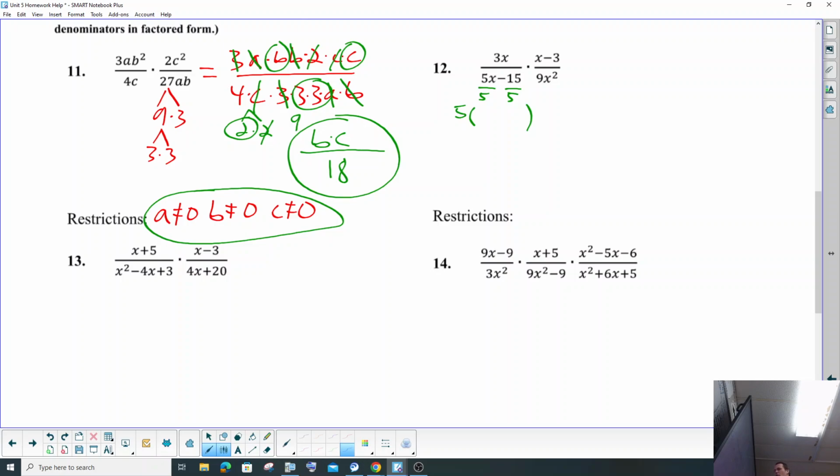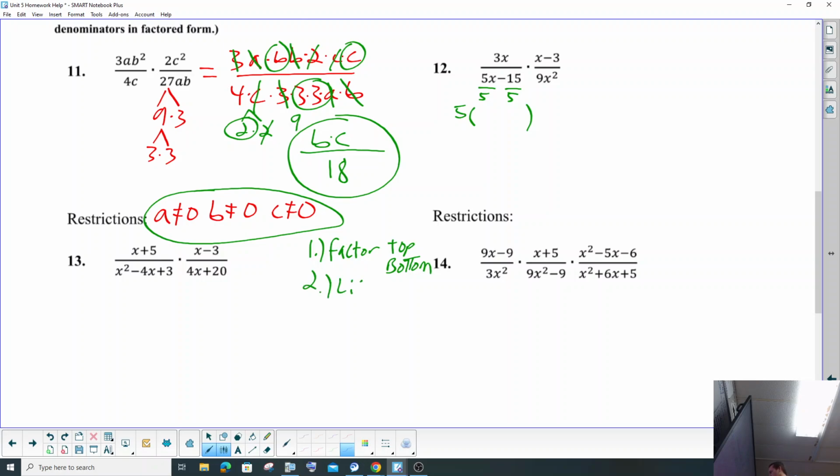So let's see here. If you remember, number 1, factor the top and bottom.